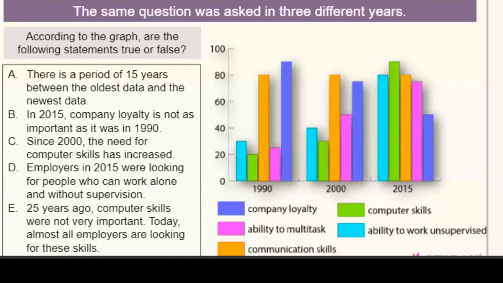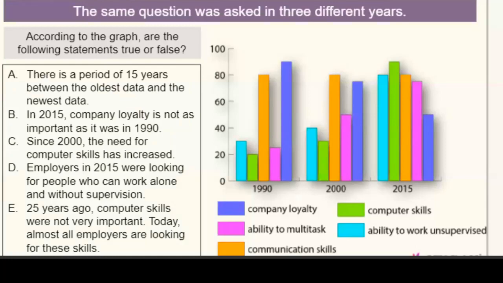In 2015, company loyalty is not as important as it was in the 1990s. So we're talking about the purple bar. So they're saying it was not important in 2015 versus the 1990s. It's true. Yes, it's true.